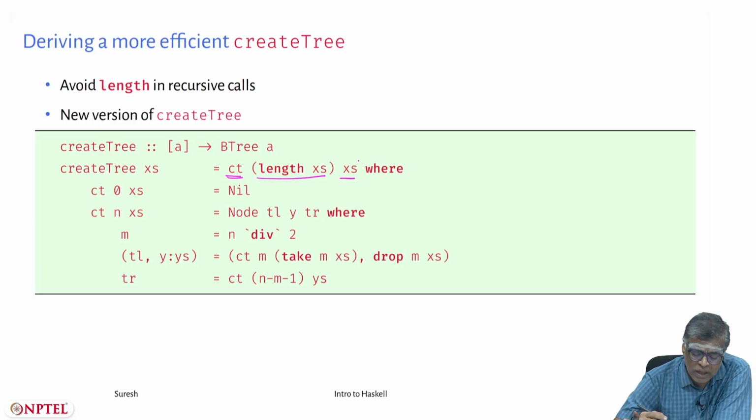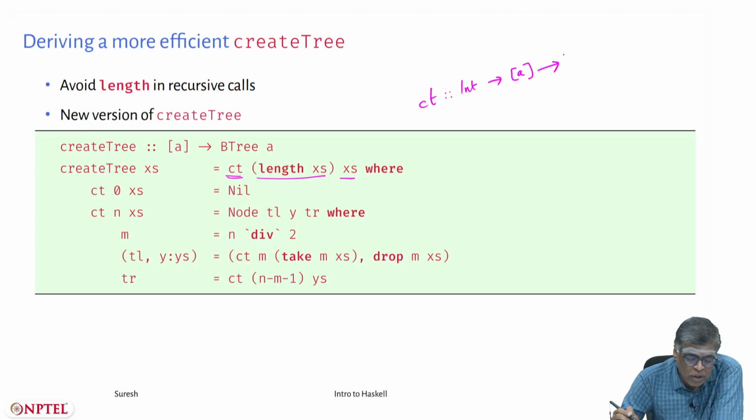So what is the idea here? The idea here is that CT is of type int arrow list a arrow B tree of a.